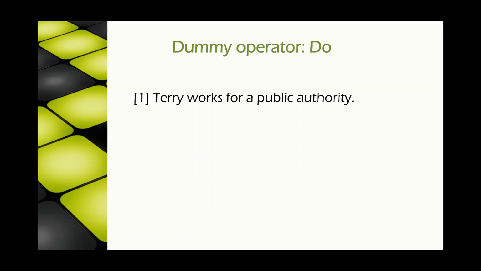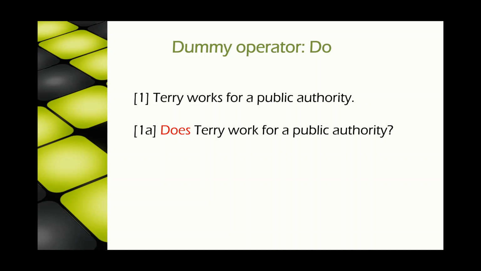Consider the example: Terry works for a public authority. Now, this is a statement and it does not have an auxiliary. And the question is, how can we form a yes-no question if there is no auxiliary? Well, we can use the dummy operator do.